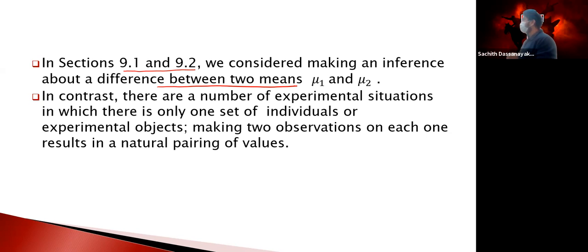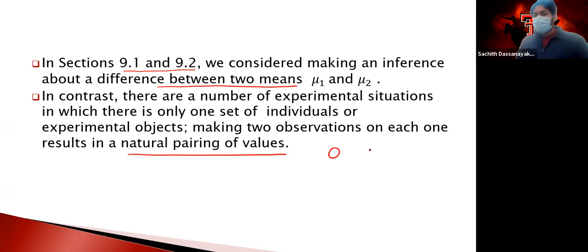For an example, I measure my weight today, and again I measure my weight a week after today. It's still me, but there may be a difference between those two values. Same person but different values. That kind of thing we call natural pairing of values.